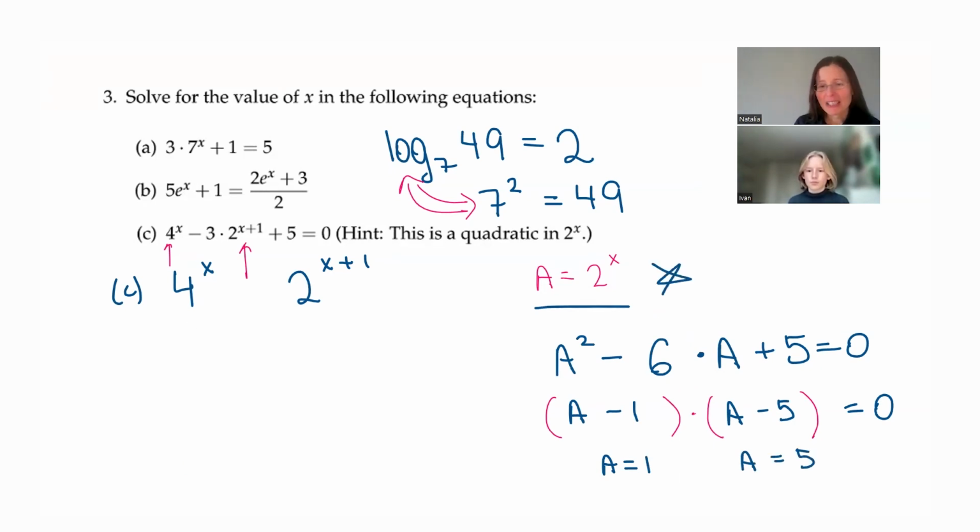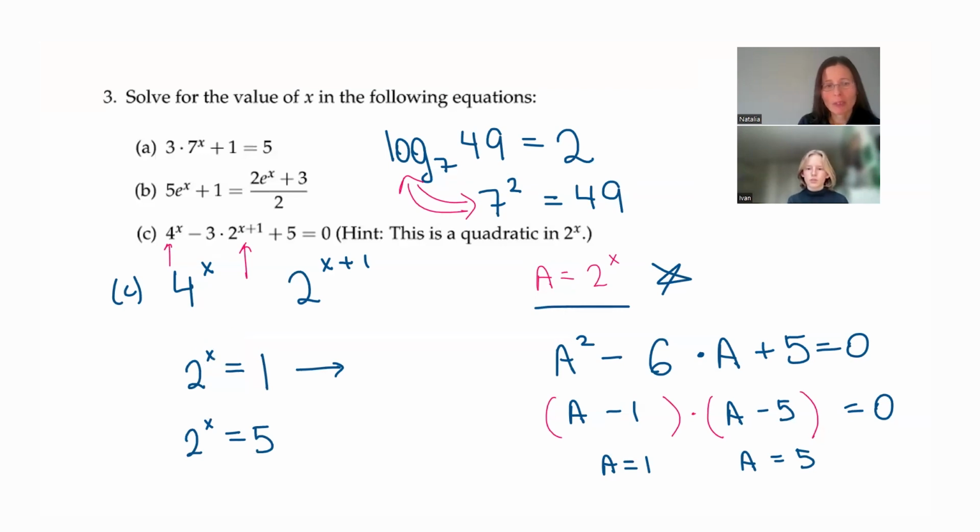Now, once we know that a is either 5 or 1, we will go back to our substitution and solve for x. So the first option is 2 to the x is equal to 1, and the second one is 2 to the x is equal to 5. Let's examine the first one. 2 to what power is equal to 1? 2 to the 0.